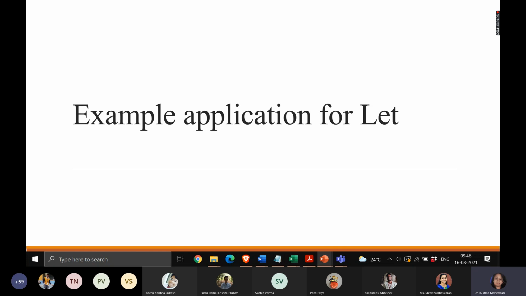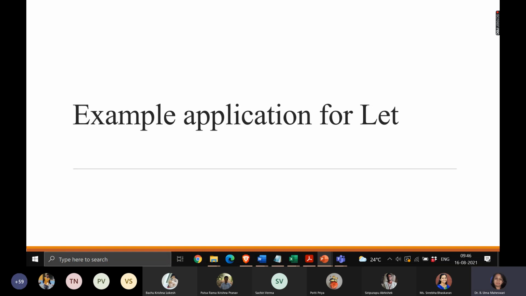Yeah, so I hope you understood lambda and let. Which one do you like? Do you feel that let is easy to understand, or lambda is easy to understand, or both are equally understandable? Any answer? Students?